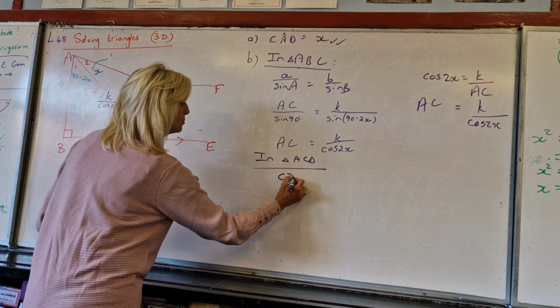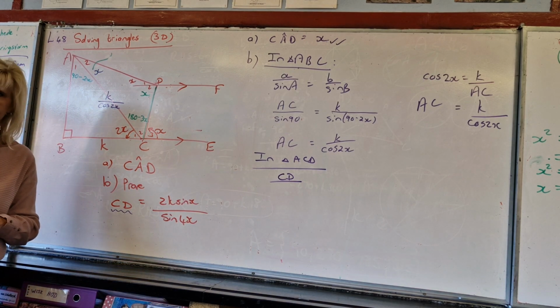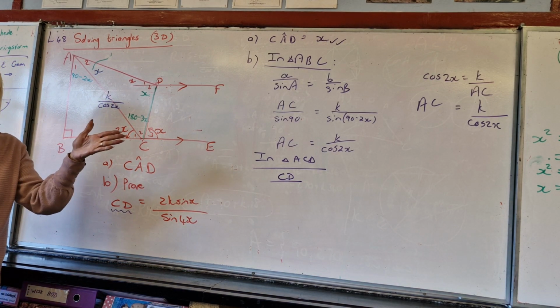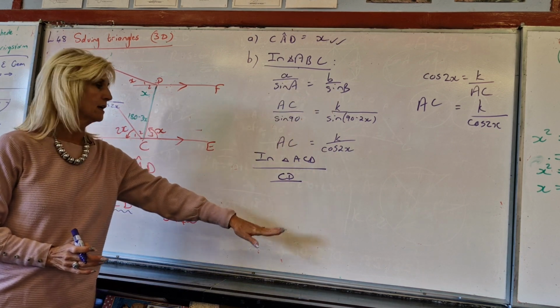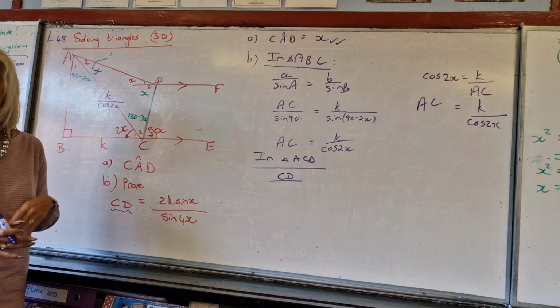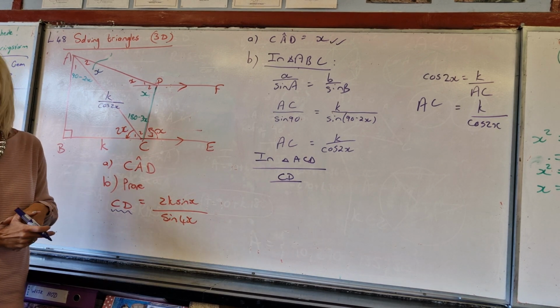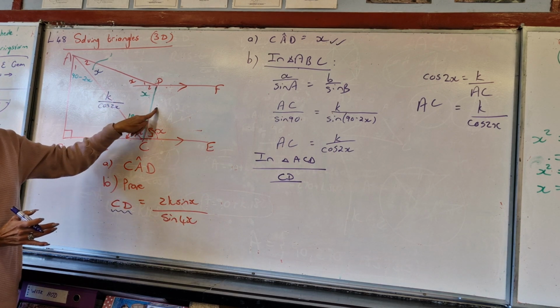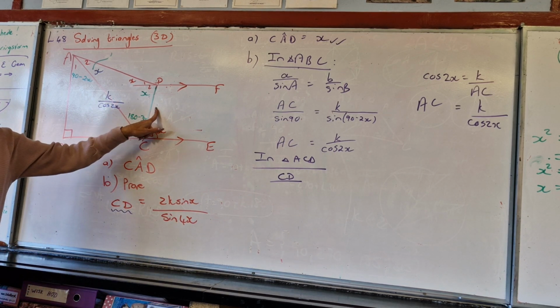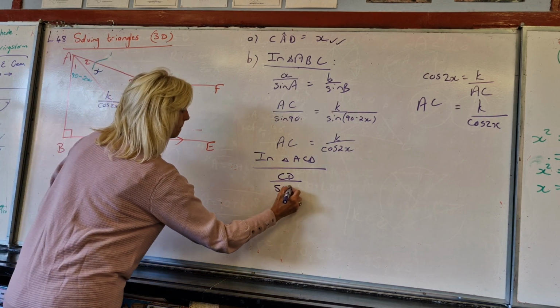So now I'm going to again try and use the sin rule. Do I need to write the sin rule down again? Okay, because I've done it before. I've written down the rule, I've done the substitution, get the answer. I'm in ACD, so I don't have to write down the sin rule in terms of A, C and D anyway, but you can if you want to. But it's going to be the side CD over the opposite angle, sin x.